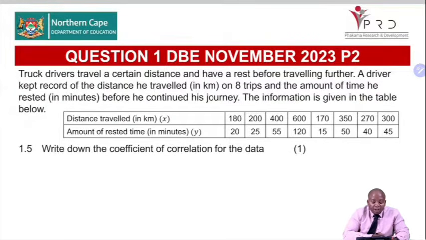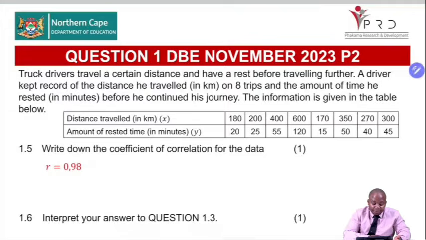To find it, we are looking for the value of R, and our R in this case is going to be 0.98. Remember, we find this value using our calculator instruction, and when we are using that stat mode, we are able to find the R from our calculator.